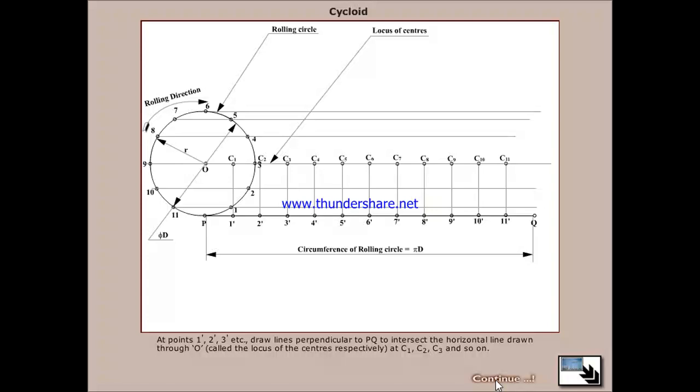to intersect the horizontal line drawn through O, called the locus of the centers, respectively at C1, C2, C3 and so on.